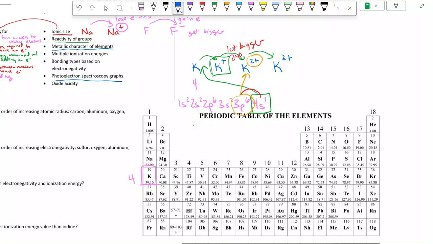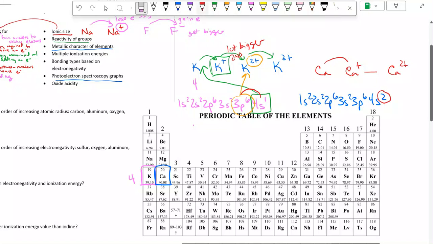Okay, that is different, let's say, than if we used calcium. So calcium's electron configuration is this. So to go from Ca to Ca plus, you would take it away from this 4s. To go to Ca2 plus, to lose 2 electrons, you would also take it away from this 4s because there were 2 electrons there.